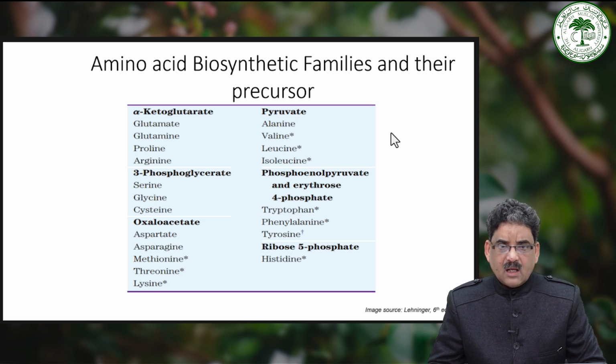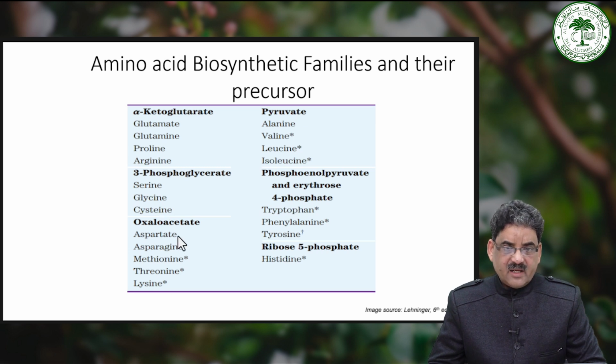First is the alpha ketoglutarate family, in which glutamate, glutamine, proline, and arginine are included. The next one is the 3-phosphoglycerate family, where serine, glycine, and cysteine are included.